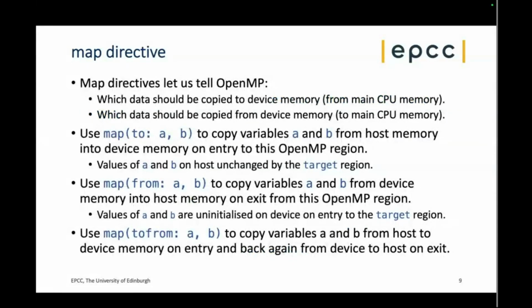Okay, so we've seen this syntax before. You can map data to the GPU, you can map data from the GPU to the CPU, or you can do both. So map data from the CPU to the GPU at the beginning of a parallel section on the device, and then at the end of the parallel section, you copy back all the data on the GPU, which will have changed, to the host.